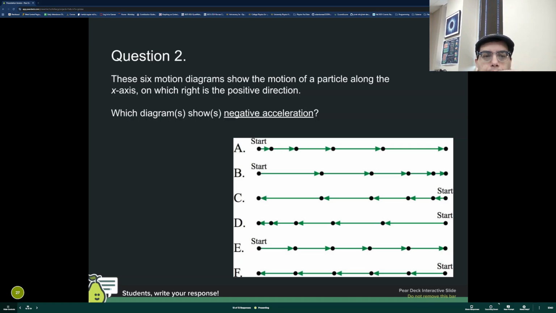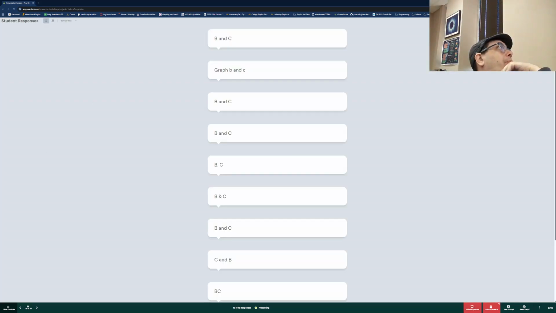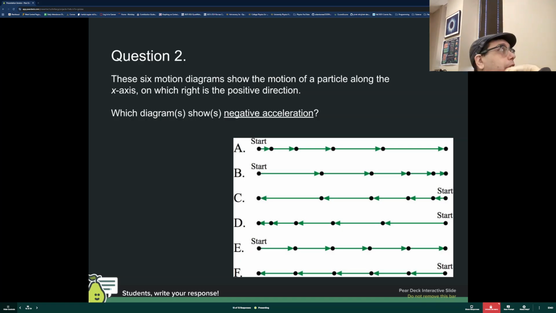Give you just a little longer. Okay. So a lot of people agreed on the correct answer, B and C. Who wants to explain why B is the correct answer?